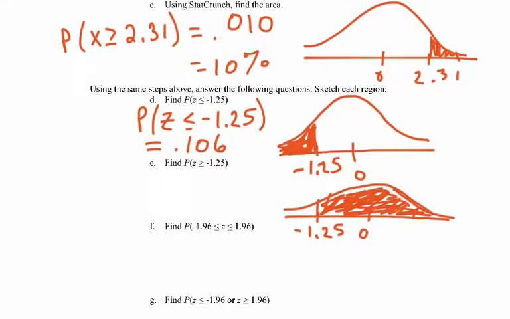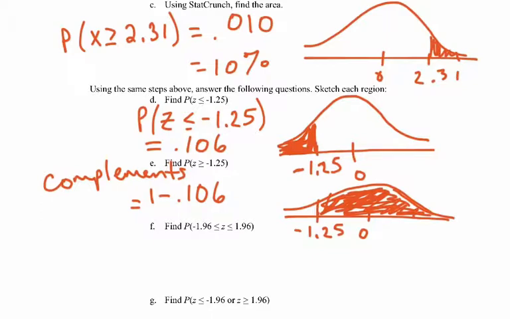It should be pretty clear that this is the complement. Remember, we talked about the complement earlier in the course. Greater than negative 1.25 is the same as the complement of less than negative 1.25. So since these events are complements of each other, then to find the complement, remember, we can just do 1 minus the probability above it of 0.106.